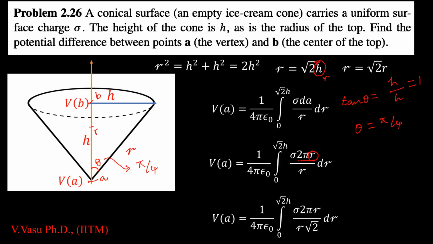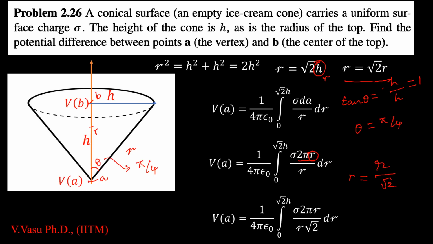So from this, r is equal to script r divided by, you bring this square root to the left hand side, square root 2.